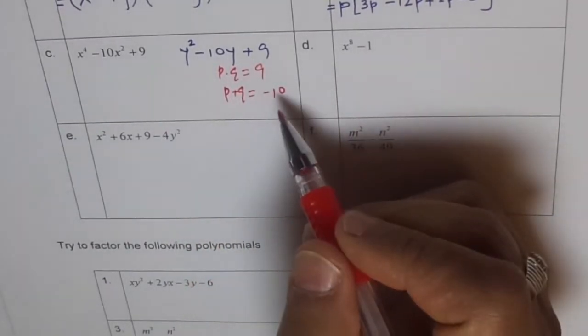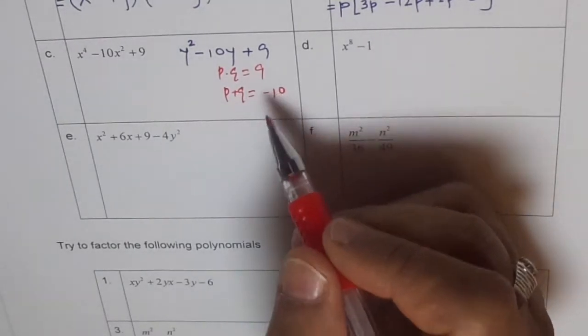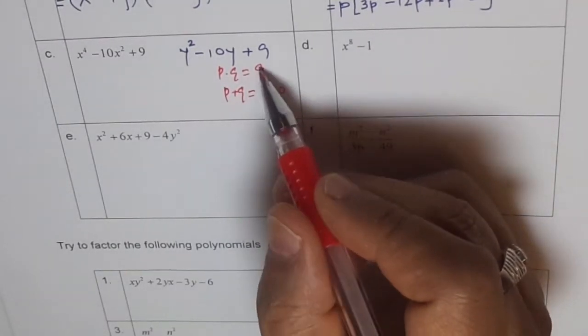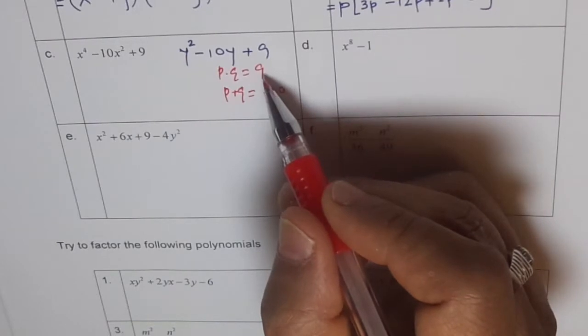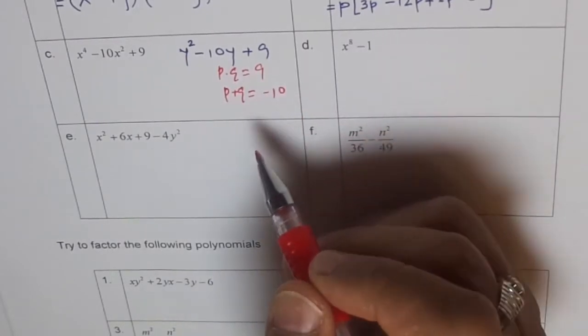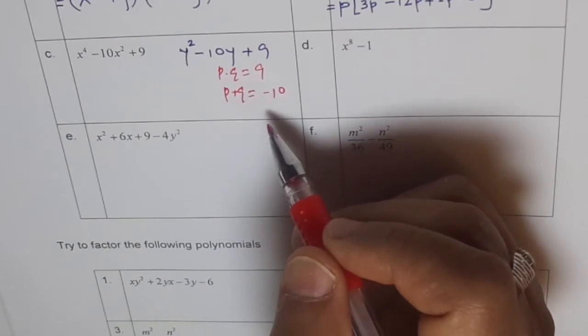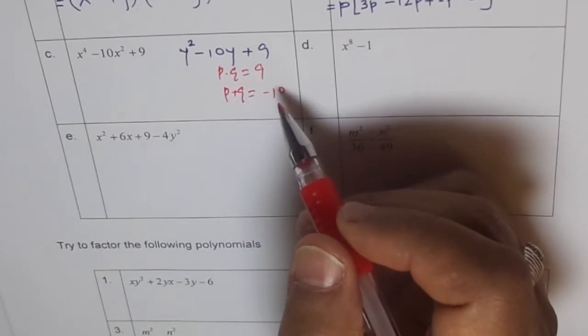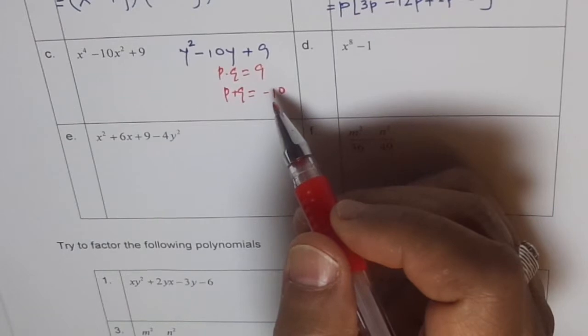So what are our magic numbers? Both need to be the same sign, because the product is positive, but the sum is negative, so both are negative. What are the numbers? 9 times 1, both negative, correct?